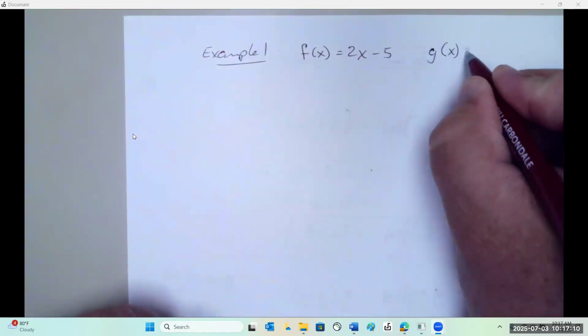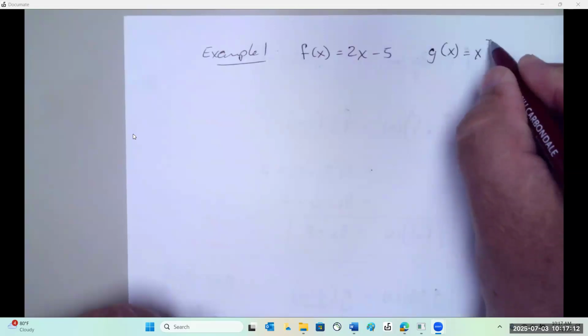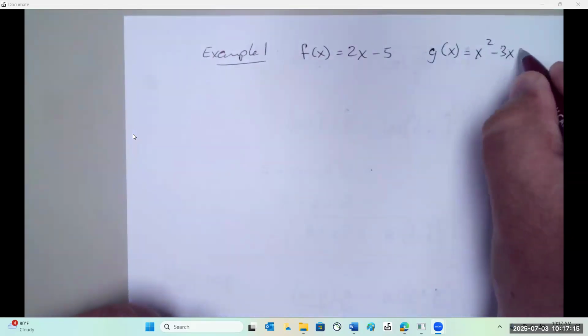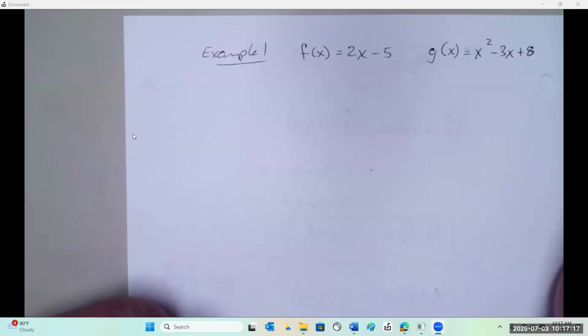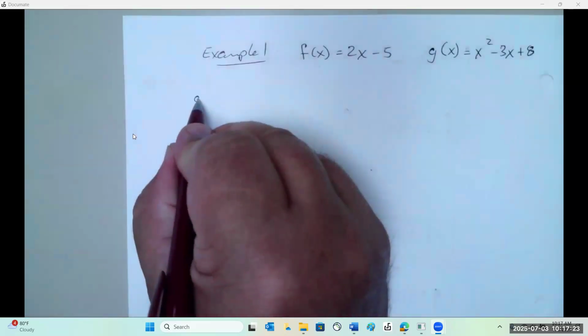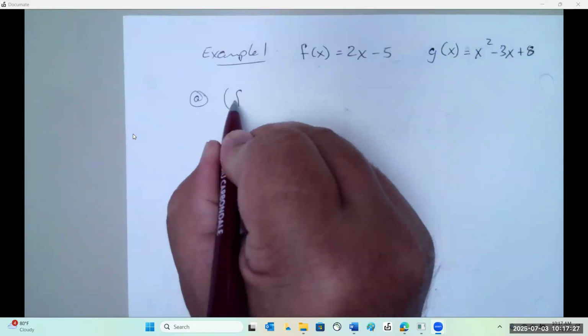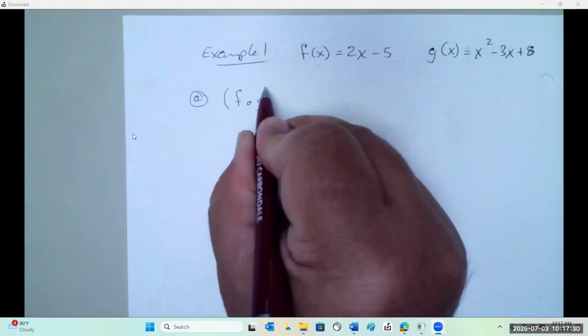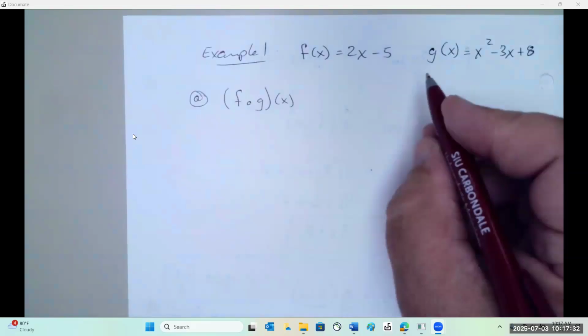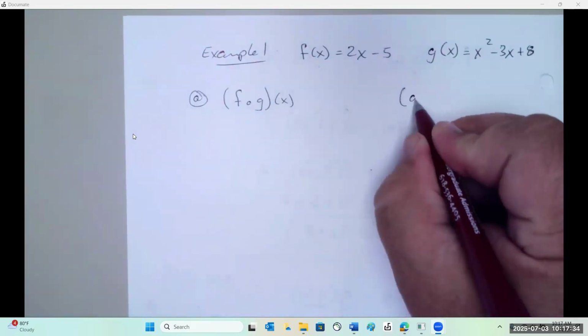G of x is x squared minus 3x plus 8. A, find FOG and GOF.